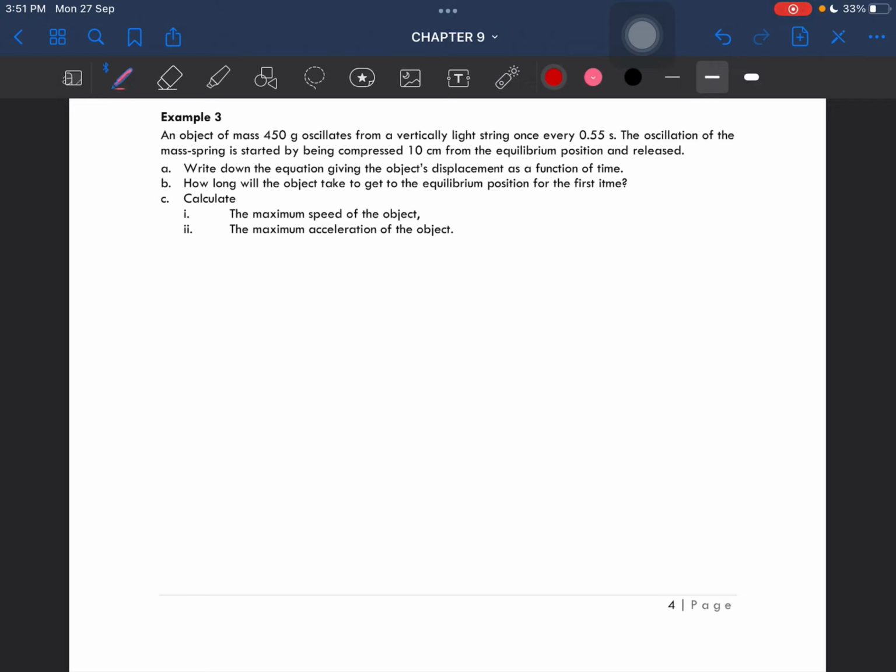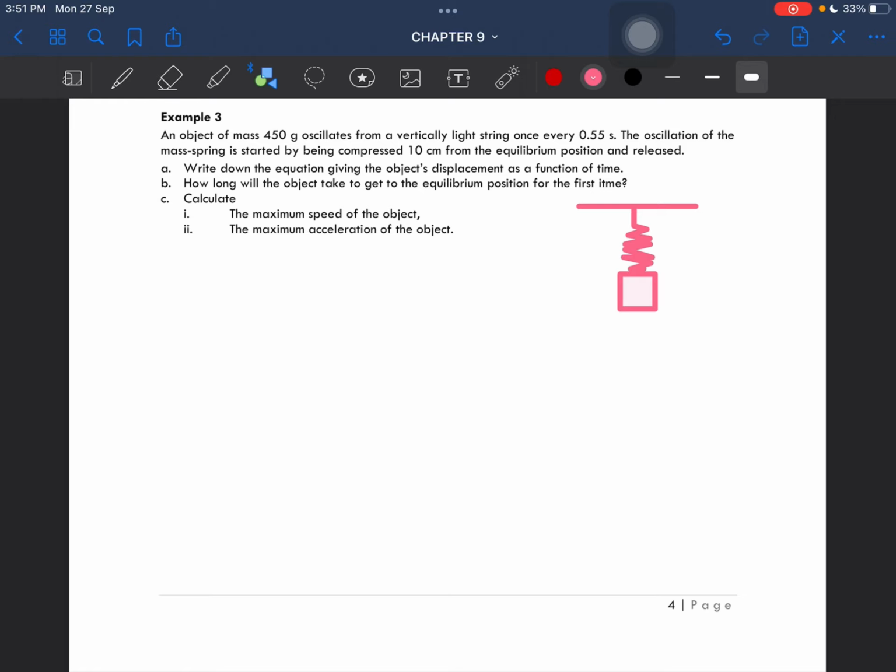So firstly, I'm gonna draw the situation. So this is the ceiling that it is hanging onto. The spring is basically being compressed. That is the mass, the block hanging by the vertical spring.